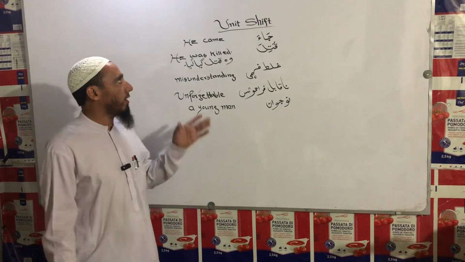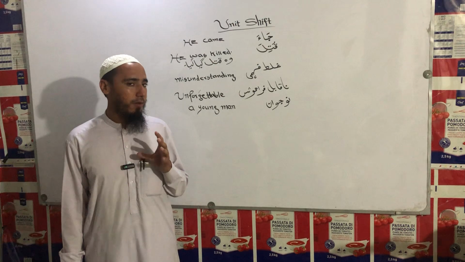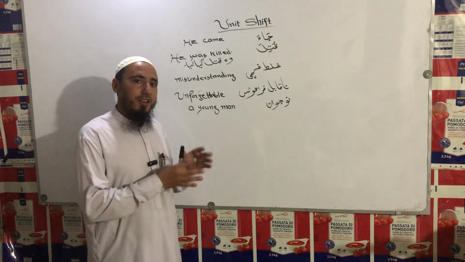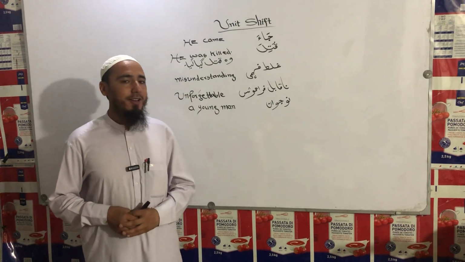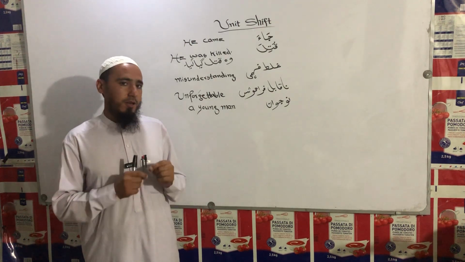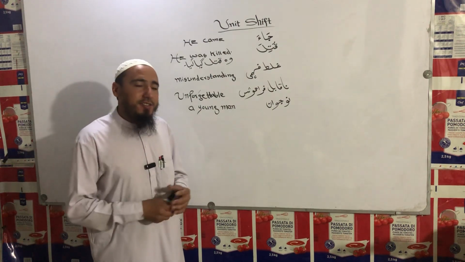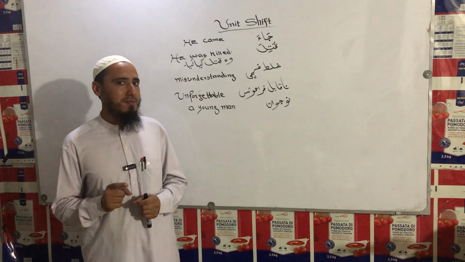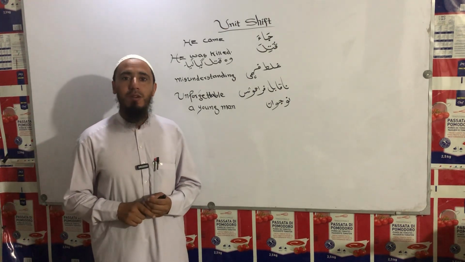Listeners and audience, according to Catford's theory in translation, unit shift means whenever a translator translates the source text into the target text, sometimes or often, one word or a phrase changes into a complete sentence, or sometimes a sentence changes into a single word.